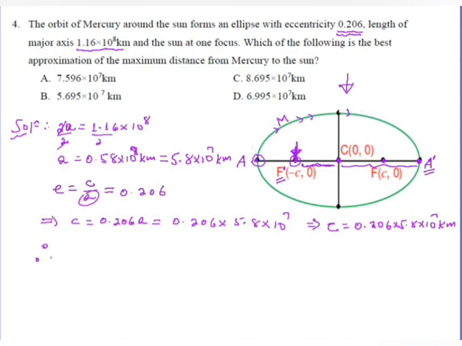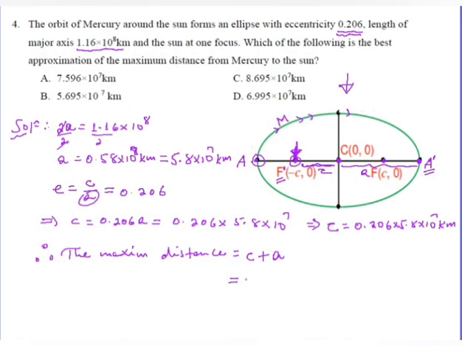Therefore, the maximum distance between Mercury and the Sun will be the length c plus a. So c, the focal length, plus the semi-major axis, will be the largest or the maximum distance from the Sun to Mercury.